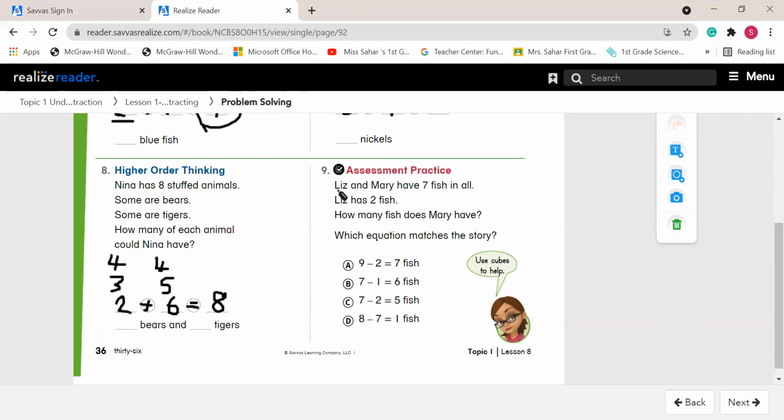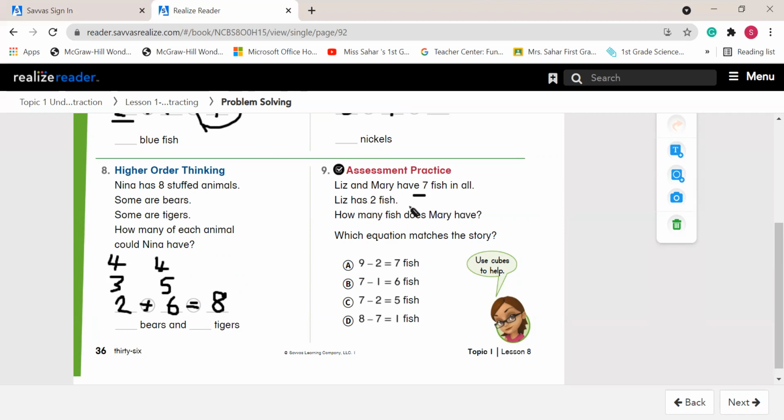Number 9, Liz and Mary have 7 fish in all. So both of them have 7. Liz has 2. So now I know that Liz has 2. How many fish does Mary have? Which equation matches the story? So remember, total 7.